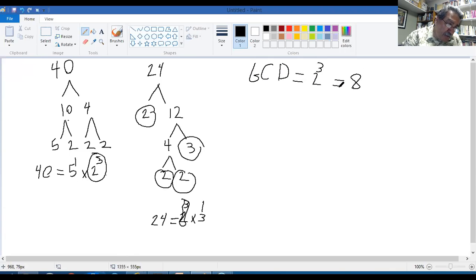So the largest number of people that can be placed on a team is 8. Thus, the 40 men can form 5 teams with 8 men per team, and 24 women can form 3 teams with 8 women per team.